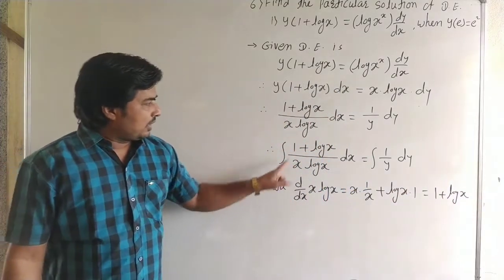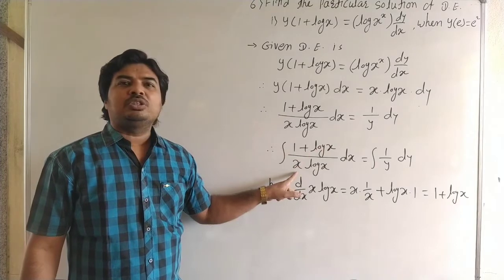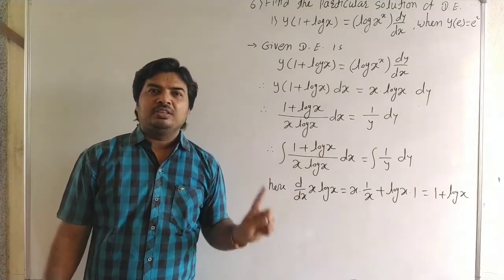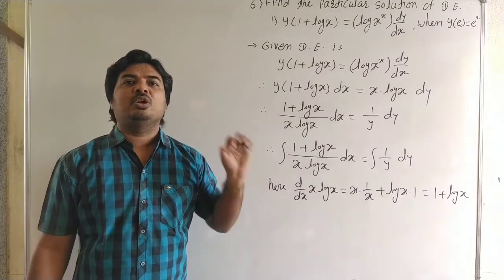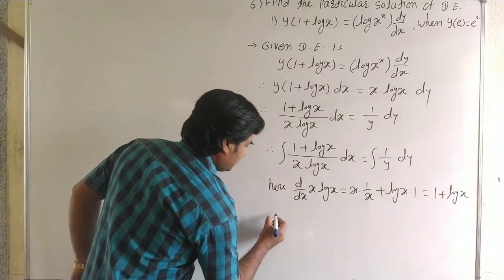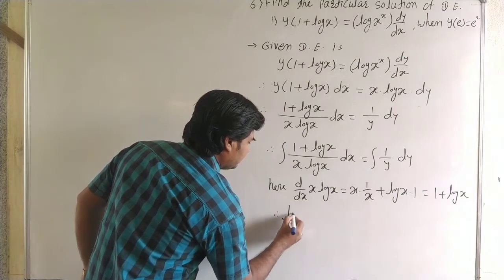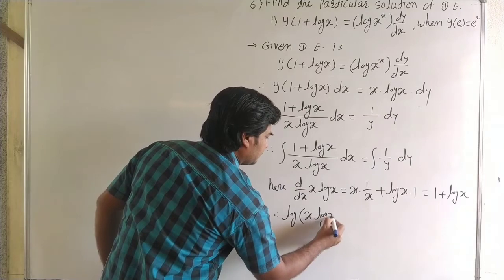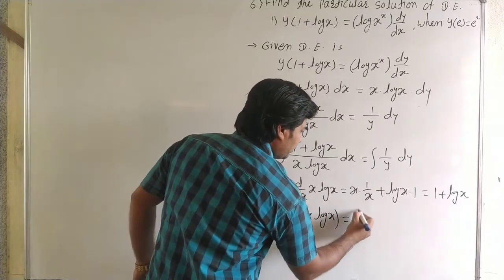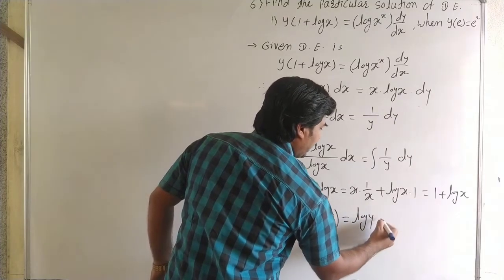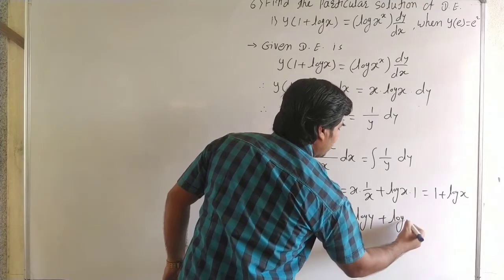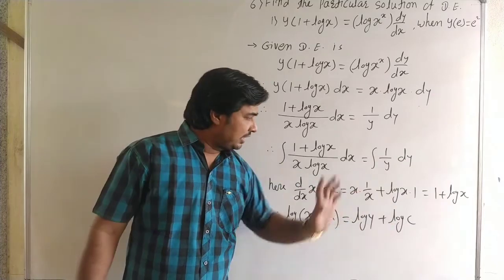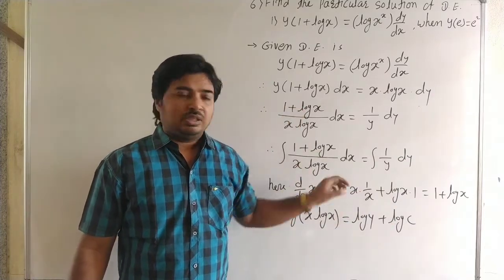Now the numerator is the derivative of the denominator, so it is f dash of x upon f of x, and the integral of f dash of x upon f of x is log of f of x. Therefore we can directly write log of x into log x is equal to log y, plus the integral constant, which is also in a log, because all integrals are in the log. Therefore the integral constant we can write in the logarithm.